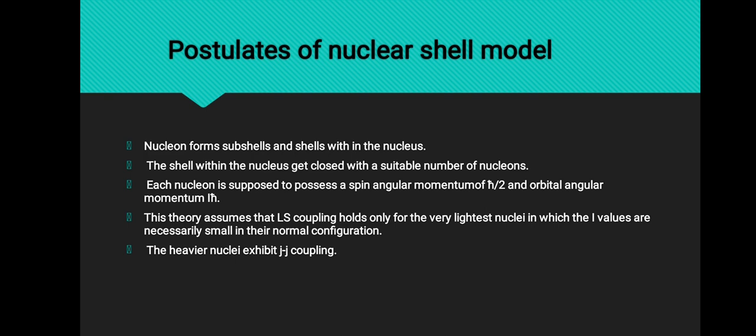This theory assumes that LS coupling holds only for the very lightest nuclei, in which l values are necessarily small in their normal configuration. The heavier nuclei exhibit jj coupling. This means the lighter nuclei are coupled by LS coupling and the heavier nuclei exhibit jj coupling.